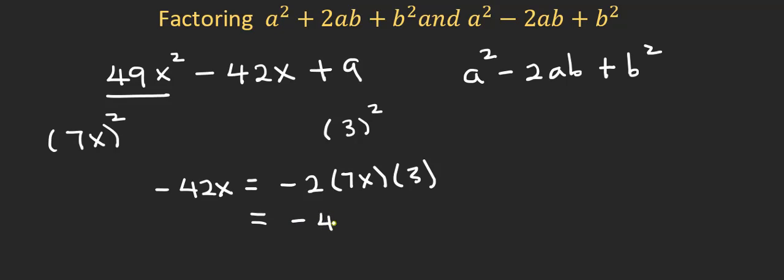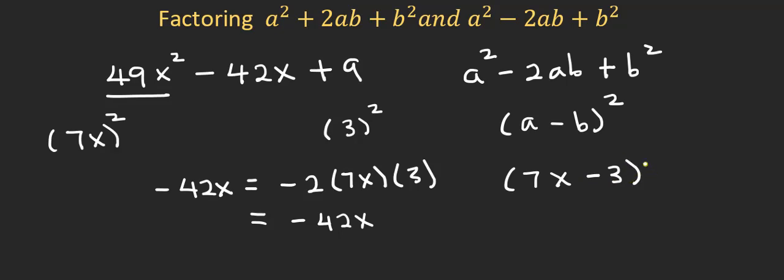Yes, we do. So we could say that this is the same thing as, remember, a squared minus 2ab plus b squared is the same thing as the quantity a minus b squared. So what was our a? 7x. What was our b? 3. So it's the quantity 7x minus 3 squared.